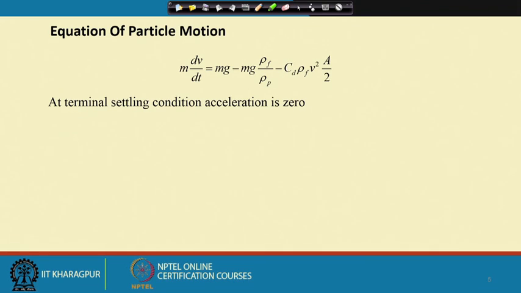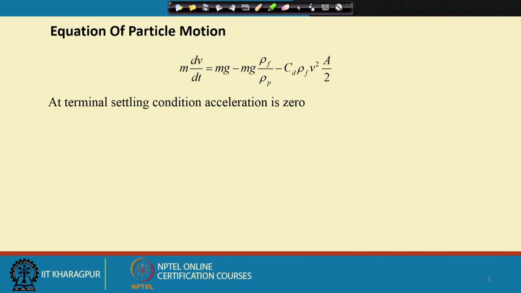It is called the drag coefficient or the friction coefficient, analogous to the friction coefficient. So, if I rearrange this equation setting dV by dt equal to 0, that means this term is 0.